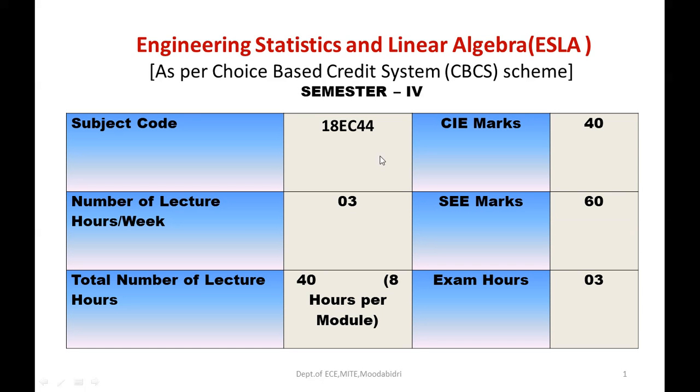Good morning, everyone. We are studying the course Engineering Statistics and Linear Algebra with the course code 18EC44 as per the VTU syllabus. Until now, we have completed 3 modules: Module 4, Module 5, and Module 1.